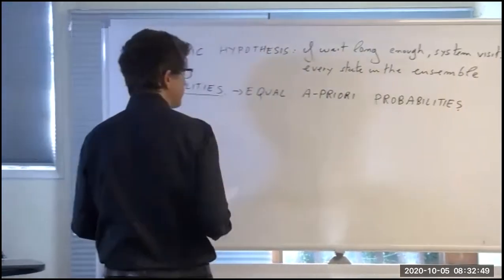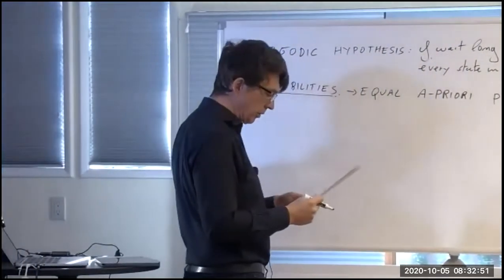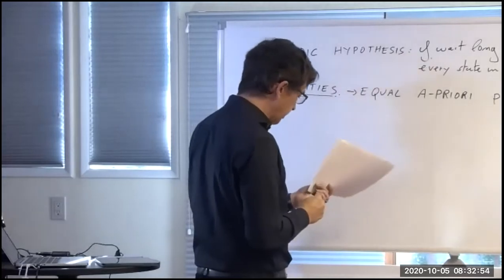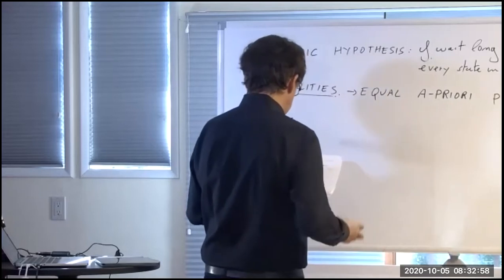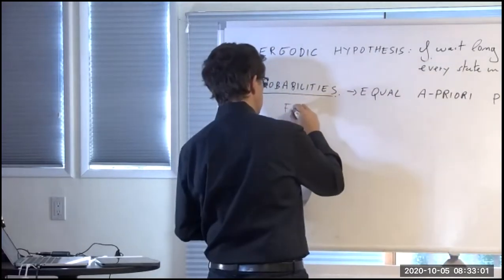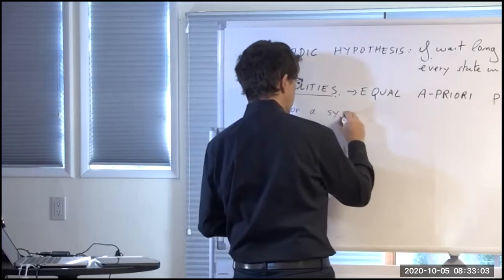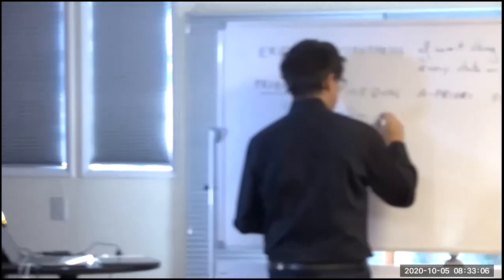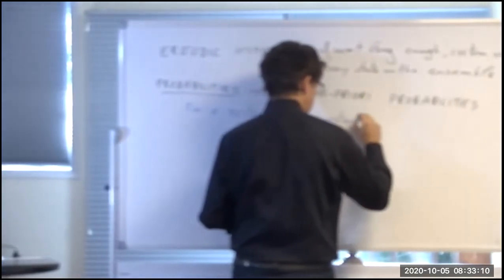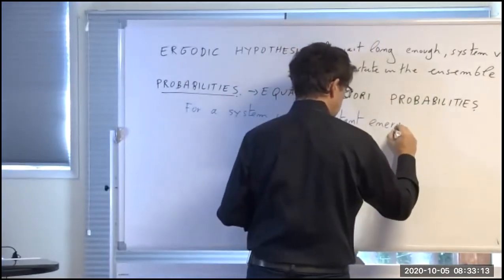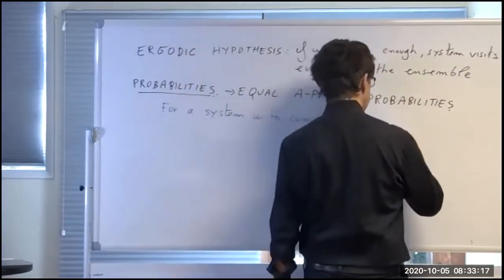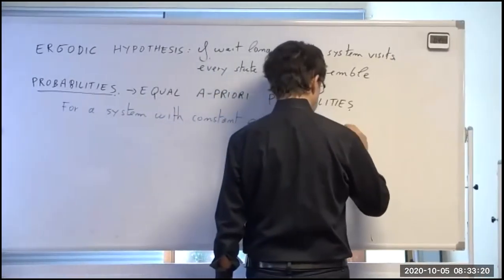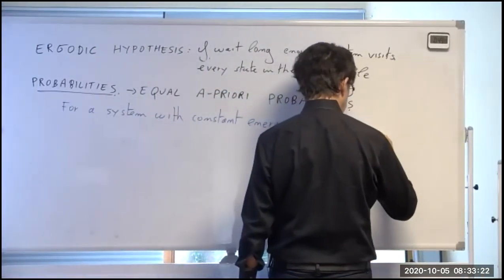And this is the first real postulate of statistical mechanics, which is a remarkable statement. It says that for a system with constant energy, so a microcanonical ensemble, all microstates are visited equally likely. So basically they have the same probability.